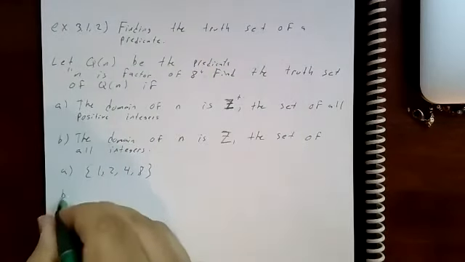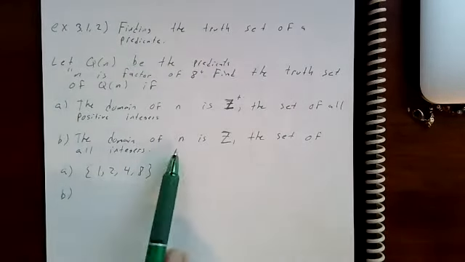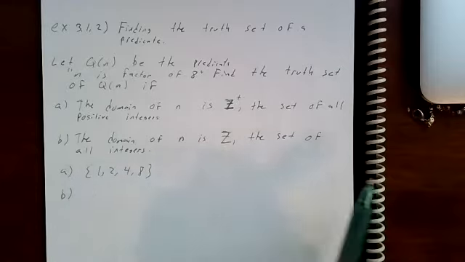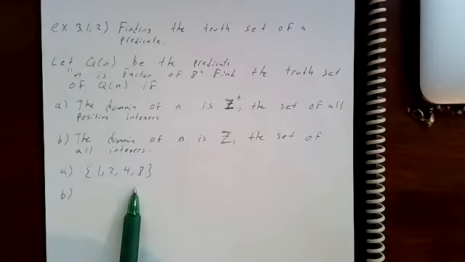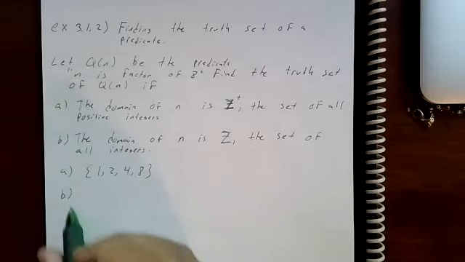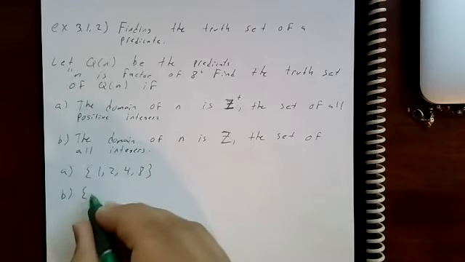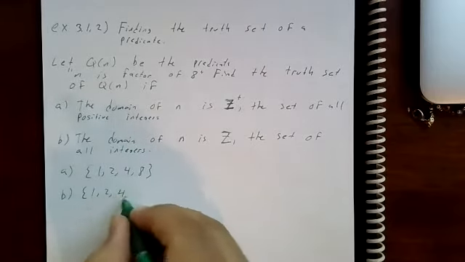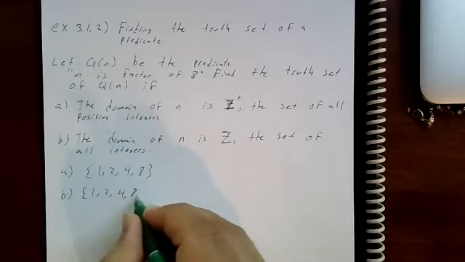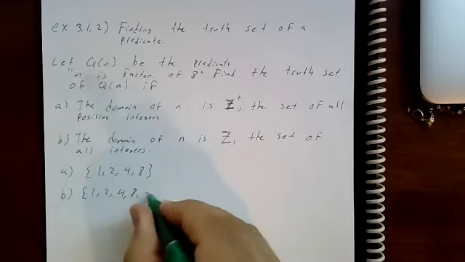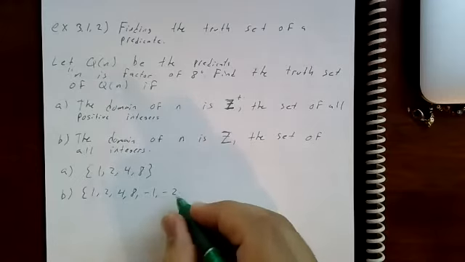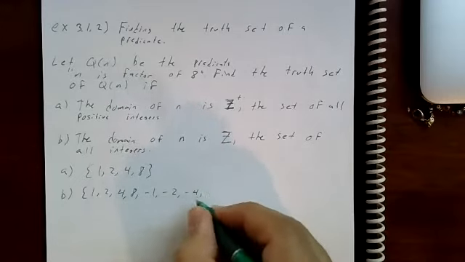Now part B, the domain of n is capital Z, the set of all integers. So it's going to contain these, but also the negatives. So we'd have to write down the negatives. I'm going to go ahead and write the same ones because those are there. That'd be -1, -2, -4, -8.